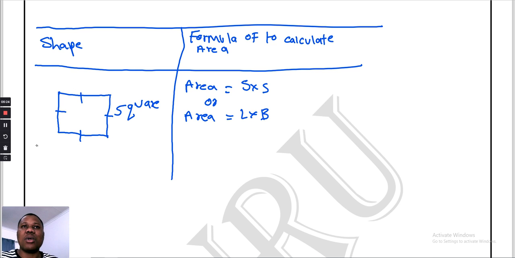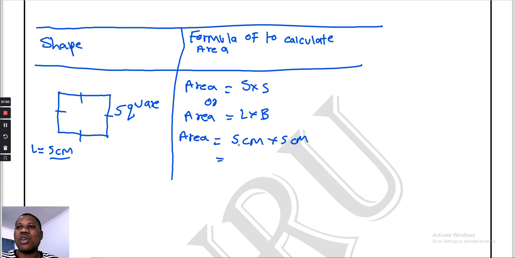Let me give you an example. Remember in a square we don't need to be given all the sides. If we are given one side, we can know the dimensions of the remaining three sides. If our length in this case is 5 centimeters and we need to calculate our area, we say area is equal to 5 centimeters multiplied by 5 centimeters.